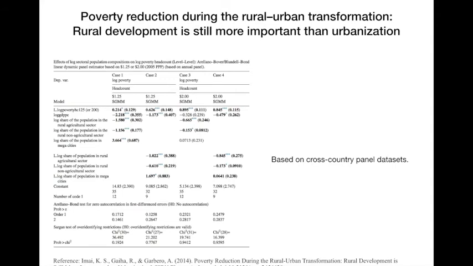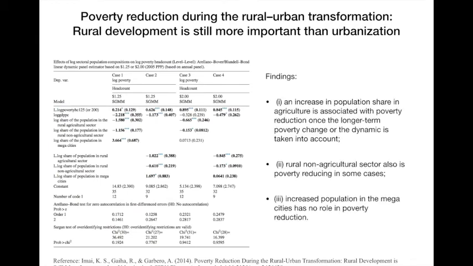The third research is poverty reduction during the rural-urban transformation. Rural development is still more important than urbanization. This paper is different from the previous two papers. From this research, the researcher concludes that sometimes the increased population in the mega cities has no role in poverty reduction.